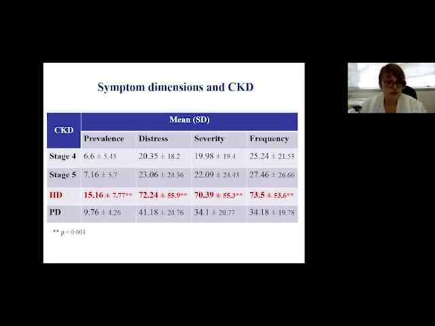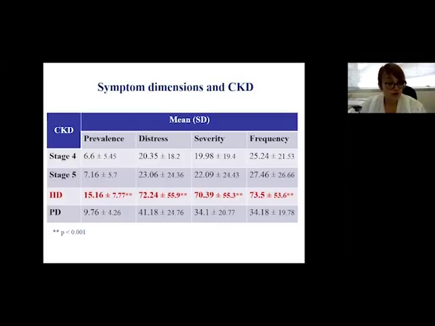What you can see very clearly is that in prevalence, there are a lot of symptoms occurring. But also the patients are highly distressed, the symptoms are severe, and they occur frequently.